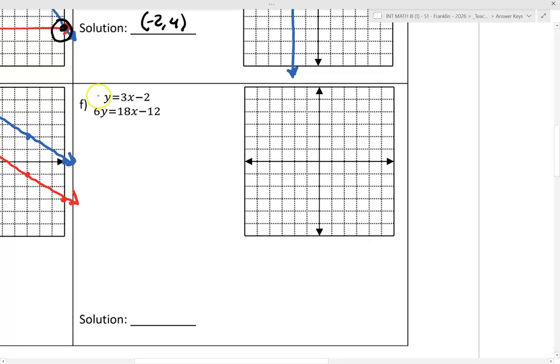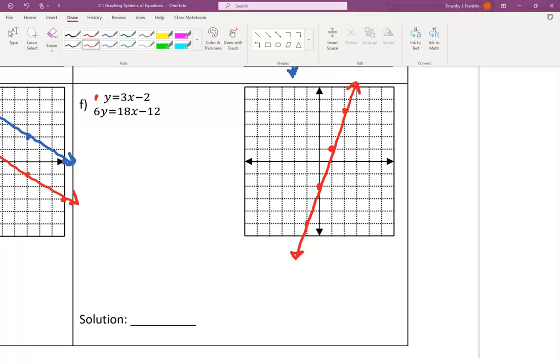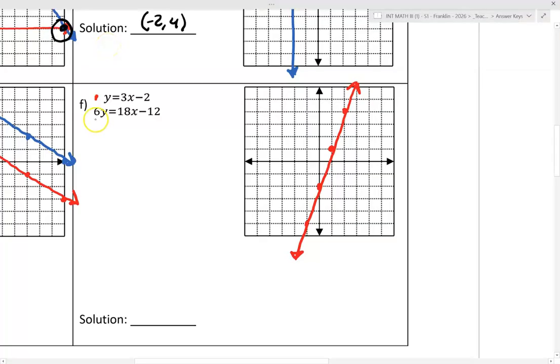Let's go on. We have y equals 3x minus 2. So it starts at negative 2 and goes up 3 over 1, or down 3 left 1. And our second line, again, we have to solve for y, so we'll just divide by 6 this time. So y equals 3x minus 2. Notice this is the exact same line as the previous one. It goes on exactly the same points in exactly the same spot.